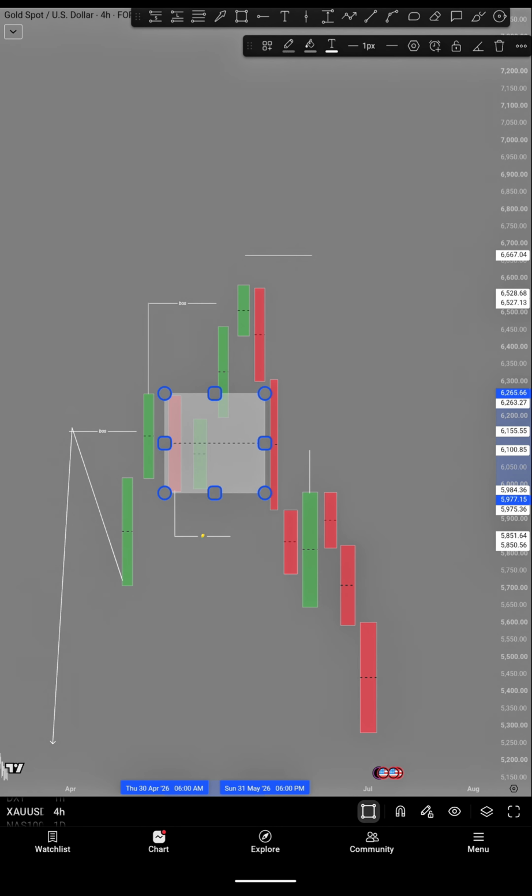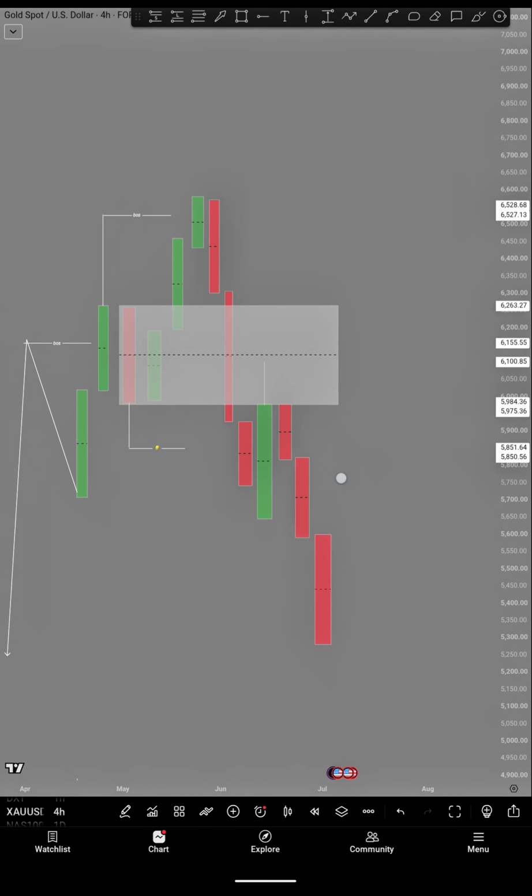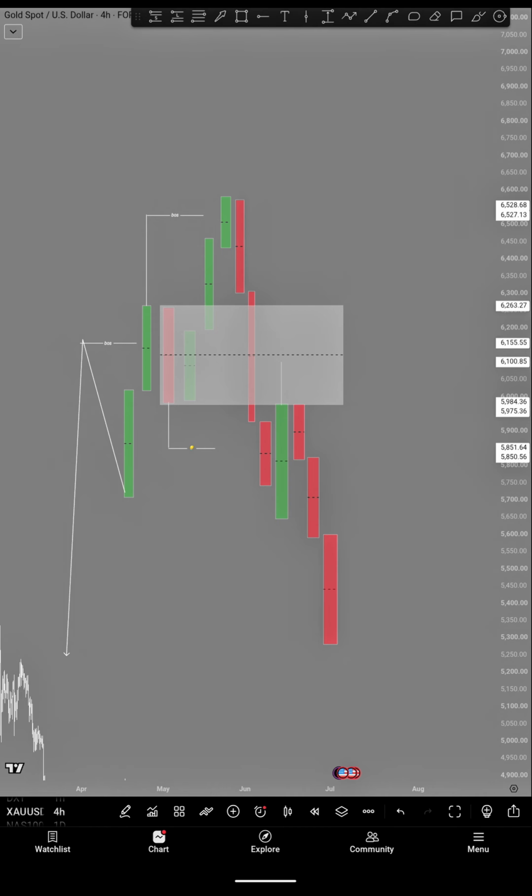So idan kai marking area din nan kai boxing din shi, just like we used to do, za ka ga cewa price ya dawo cikin wajen and ya yi tapping ɗinsa, ya yi respecting ɗinsa, ya ci gaba. This is also an illustration. I'm just trying to give you a rough idea of how it is formed in the market, right?